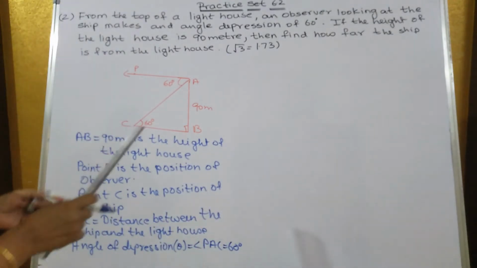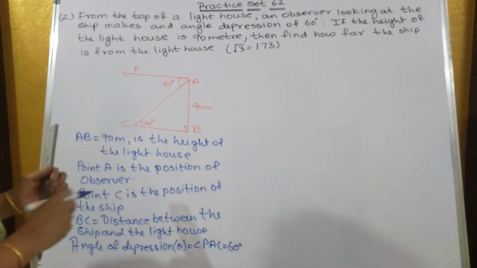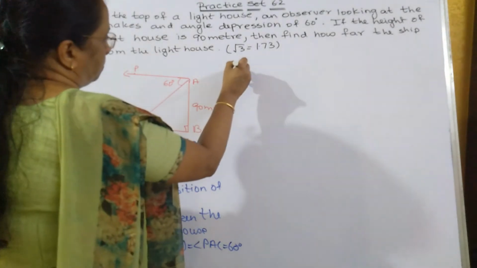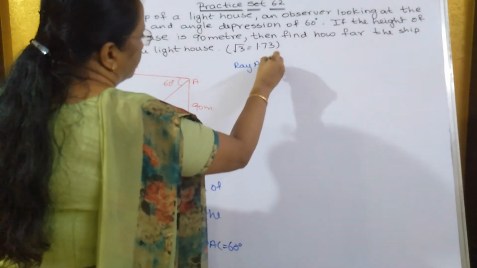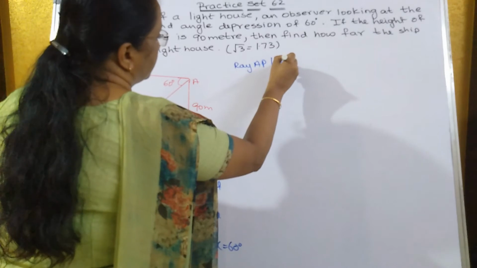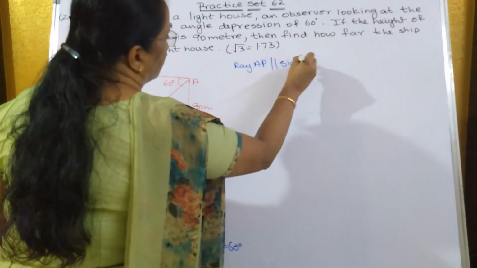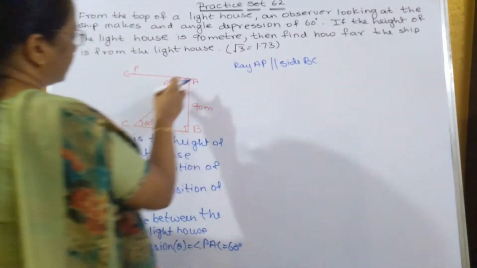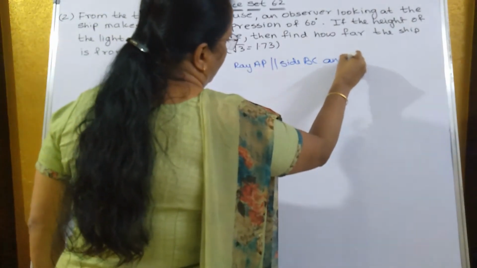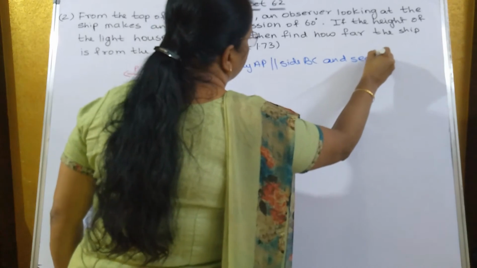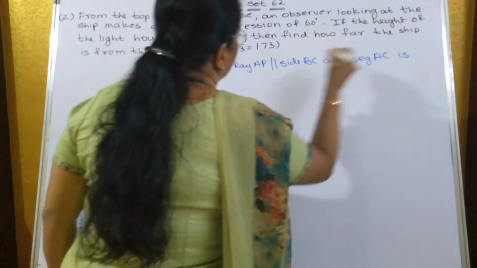Now next you have to show that this angle is equal to this angle. Ray AP is parallel to side BC and seg AC is the transversal.